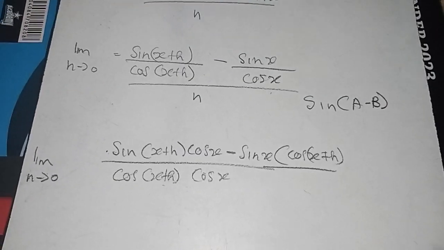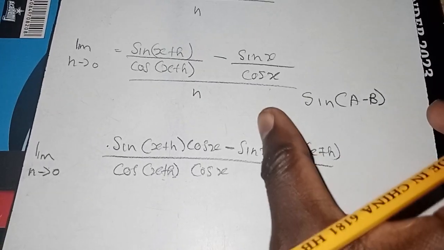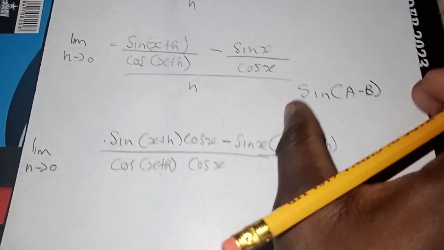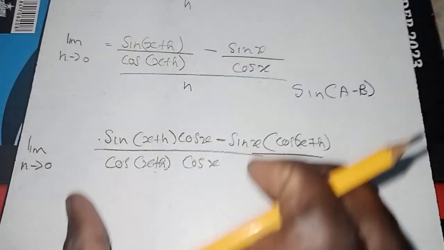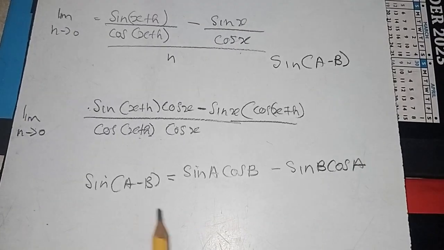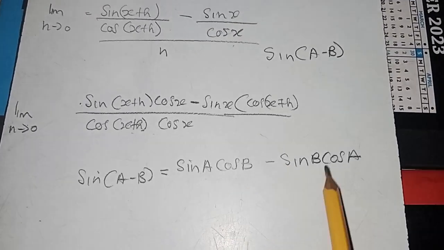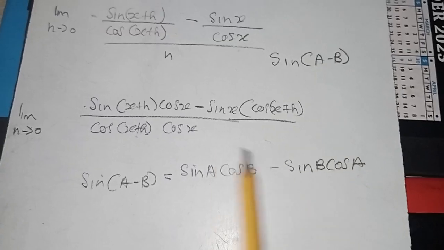Let me write the identity here so that you can compare it with what is here. Sine(a minus b) is equal to sine a cos b minus sine b cos a. Now look at this one.